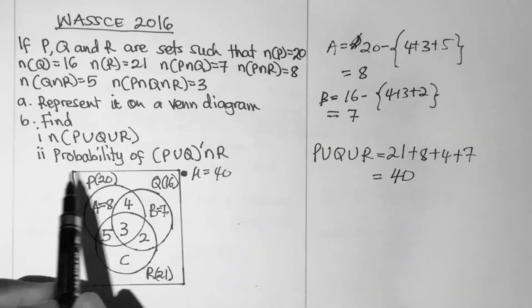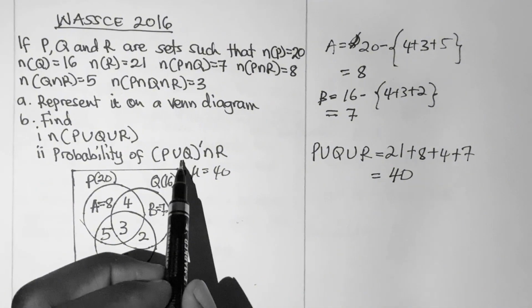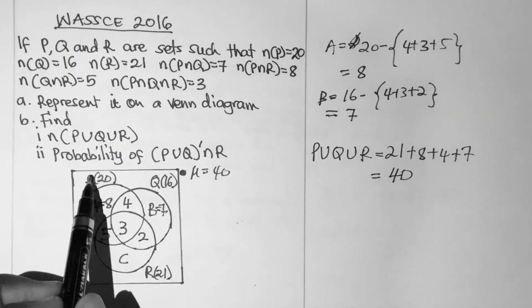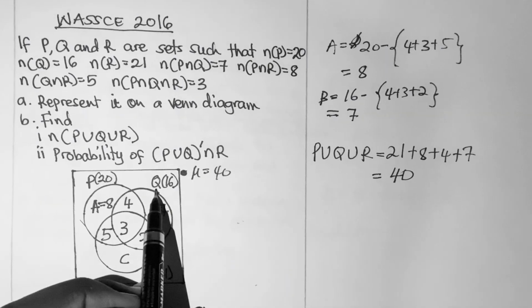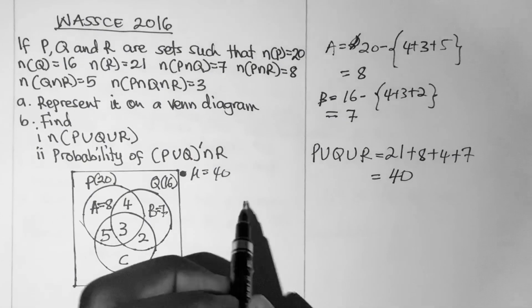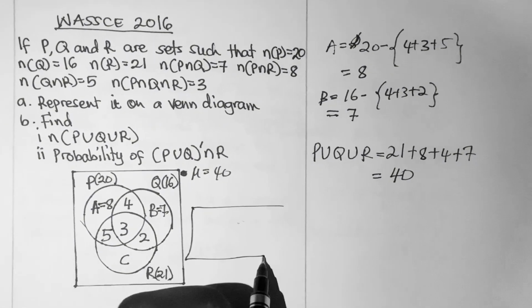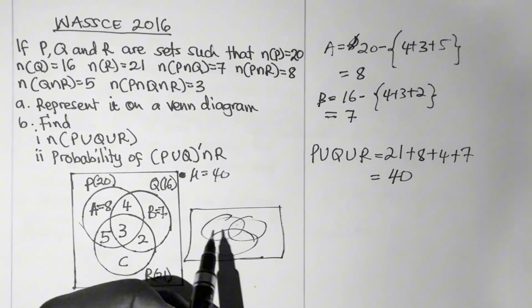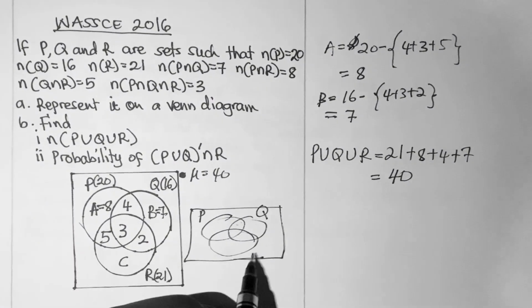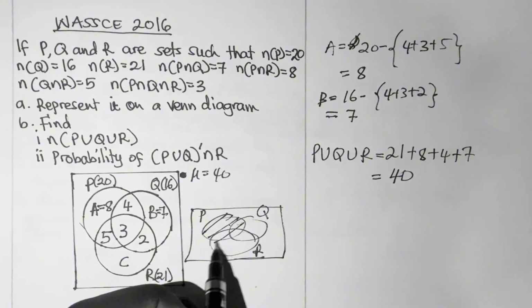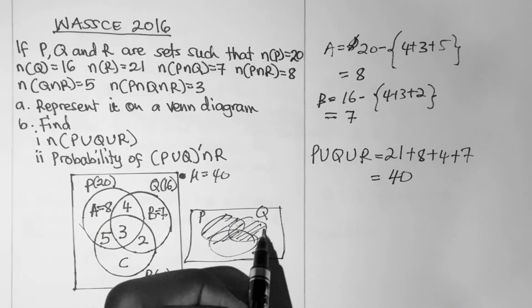And then now, it says we should find the probability of P union Q intersection R. So P union Q. So that is all the elements in P. Okay, so let's first draw a little Venn diagram and illustrate that. So we are talking about P, Q, and then R. So P union Q is all of this region.